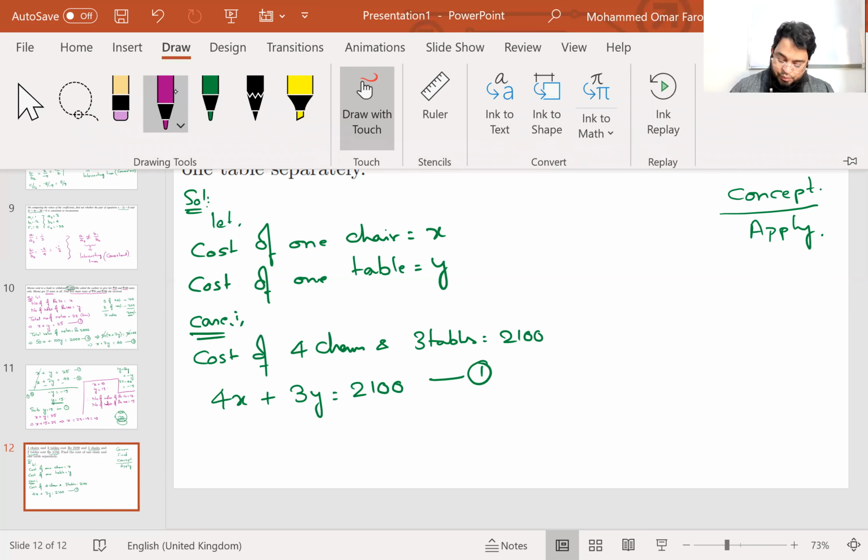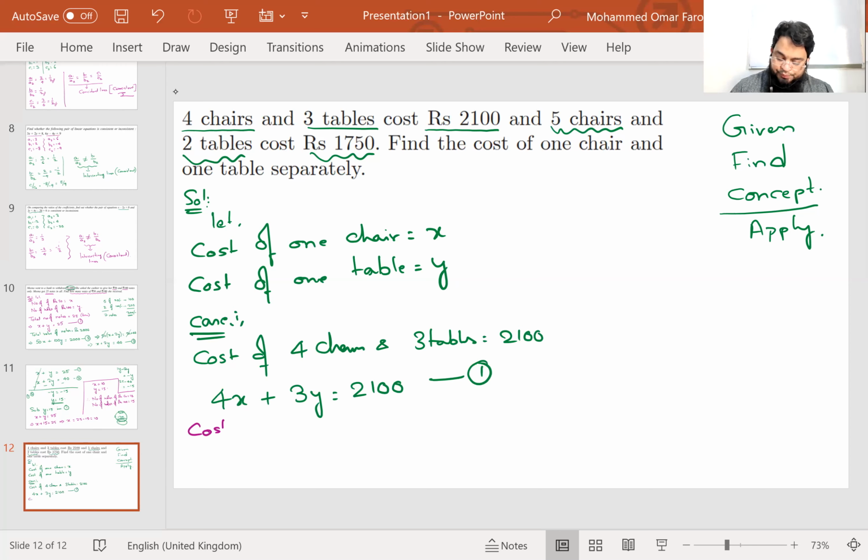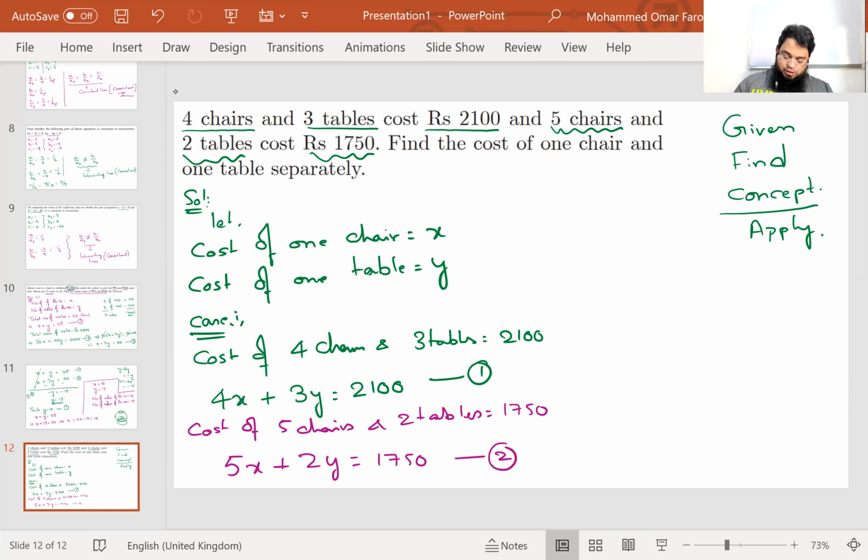Let us go for the next one. What is given? The cost of 5 chairs and 2 tables equals 1750. I will write it as 5x plus 2y equals 1750. Now let us solve these two equations.